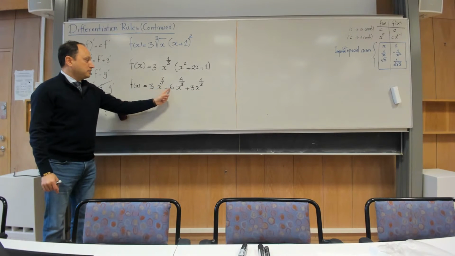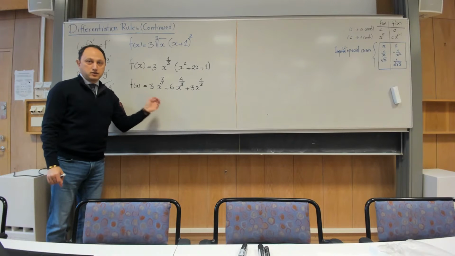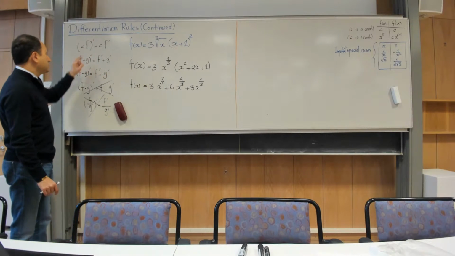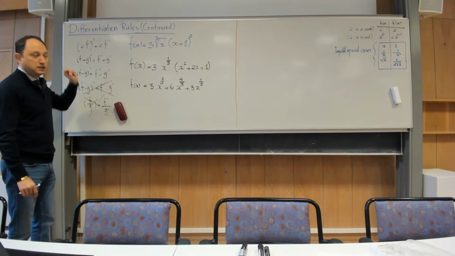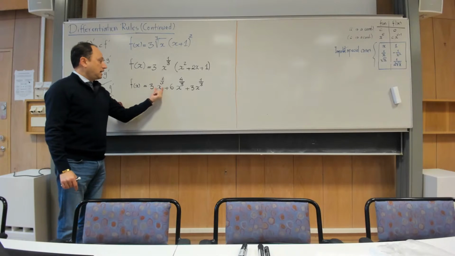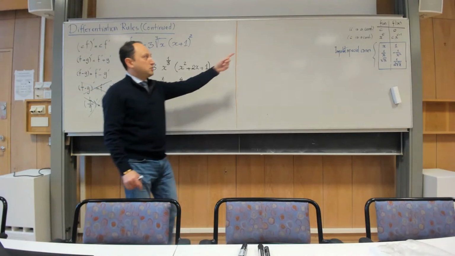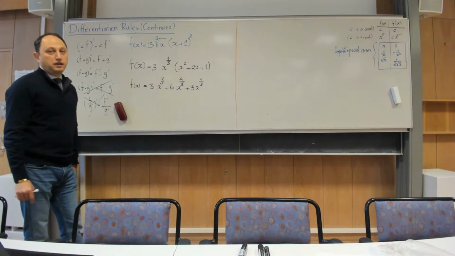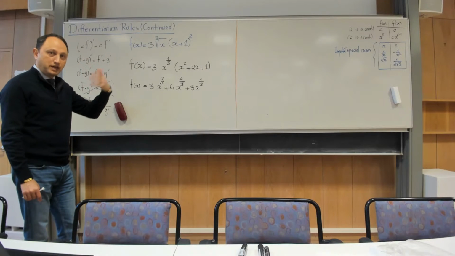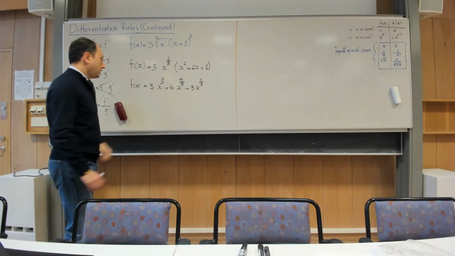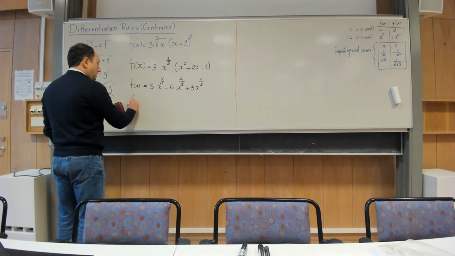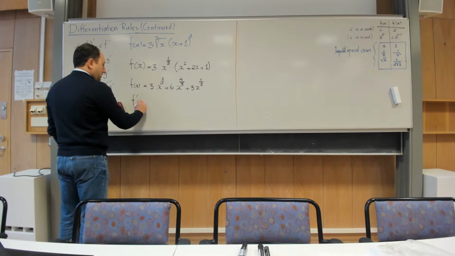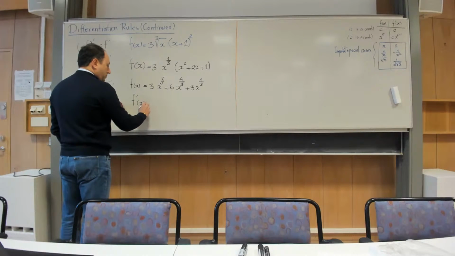Then each one has a multiplicative constant, so for each one I apply the first rule. And then I have a function which is in my table. This is the way you need to understand it. Think in this way very quickly, but you don't need to write it down. Try to write as little as possible.